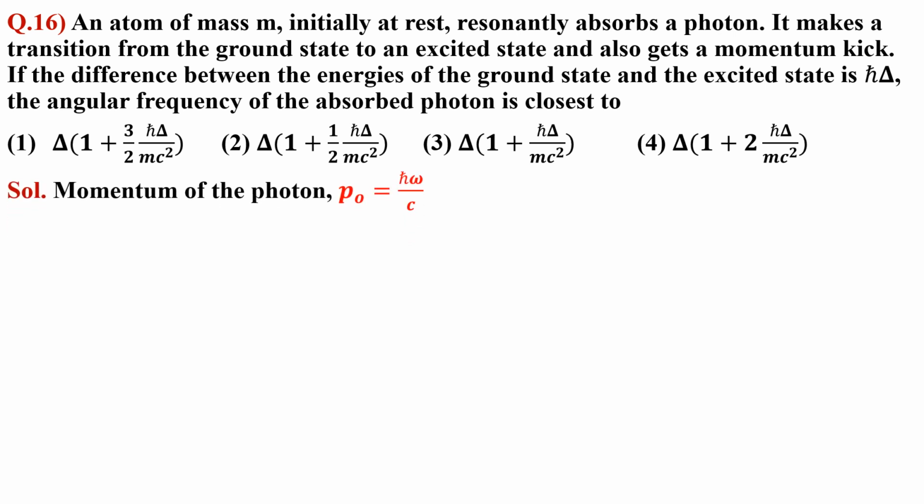Solution: momentum of the photon, let p_0 equal ħω upon c. You can see the representation in the figure. You can see clearly momentum of photon assumed as ħω upon c. Rest mass energy of the atom E_0 equals mc².